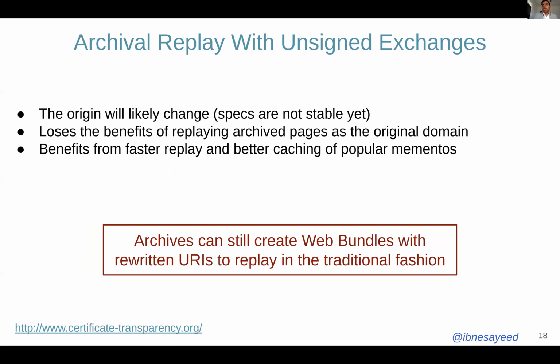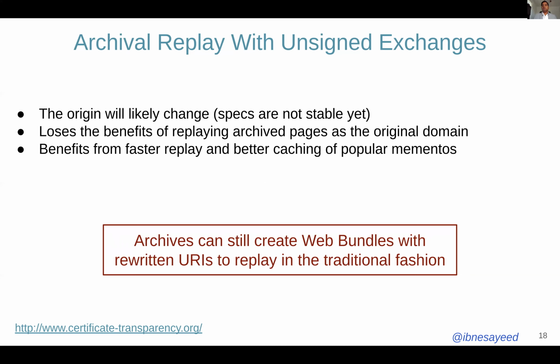So say we do not have long-lasting signed exchanges. What can be done about unsigned exchanges? The problem is the origin will likely change. The specifications are not stable yet on this one.